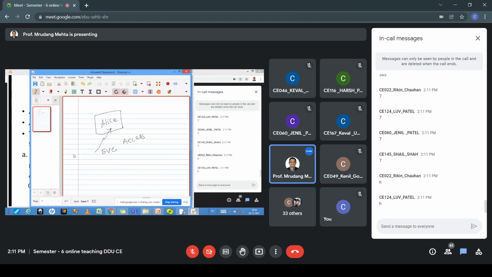Eve gets access to Ali's computer. Now, what does Eve want to know? Eve wants to know the keys of the affine cipher. That means two keys, K1 and K2, need to be known. If Eve knows K1 and K2, then she will be able to decrypt the message she has intercepted from Ali's computer.